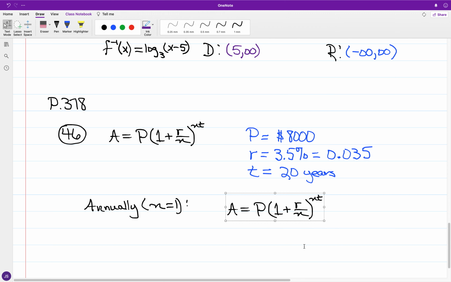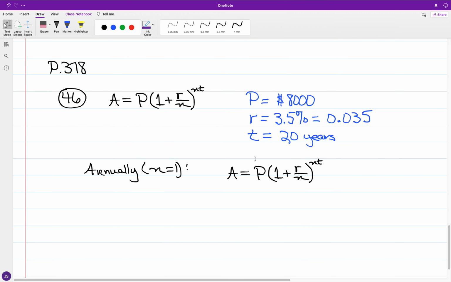So with this formula, n is going to be 1, and putting in the values for P, r, as well as t. P we have $8,000 times the quantity of 1 plus 0.035. Now n is going to be 1.